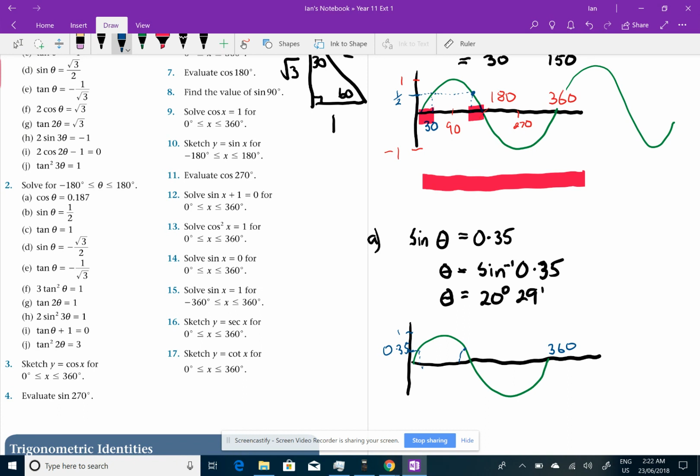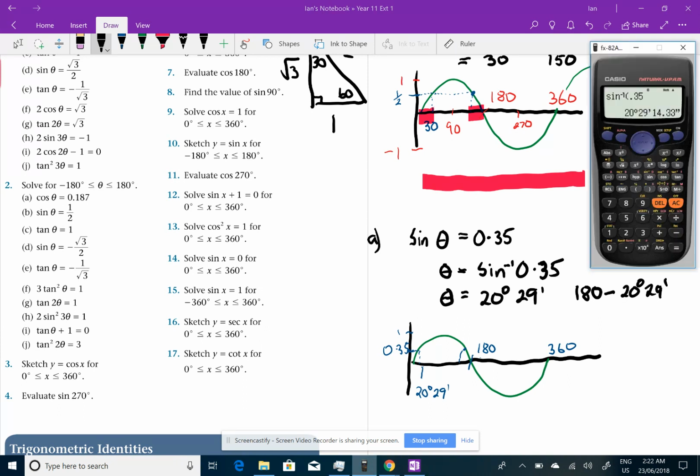Now, we already know this answer is 20 degrees and 29 minutes. And this answer is going to be the same angle back from, what was that again? Back from 180. So my other answer is 180 minus 20 degrees and 29 minutes.